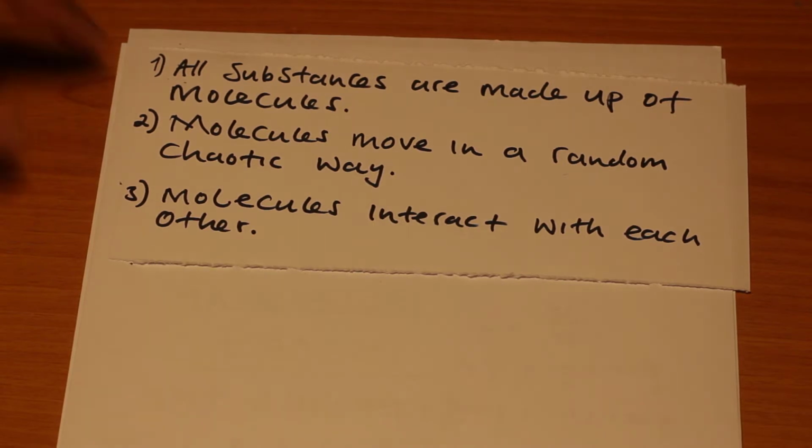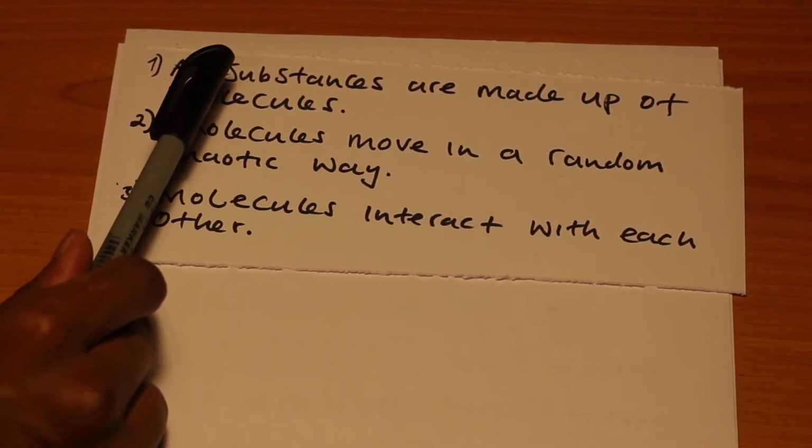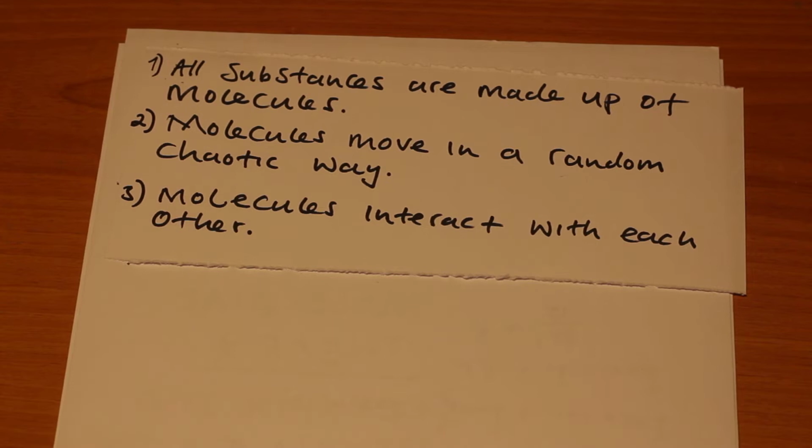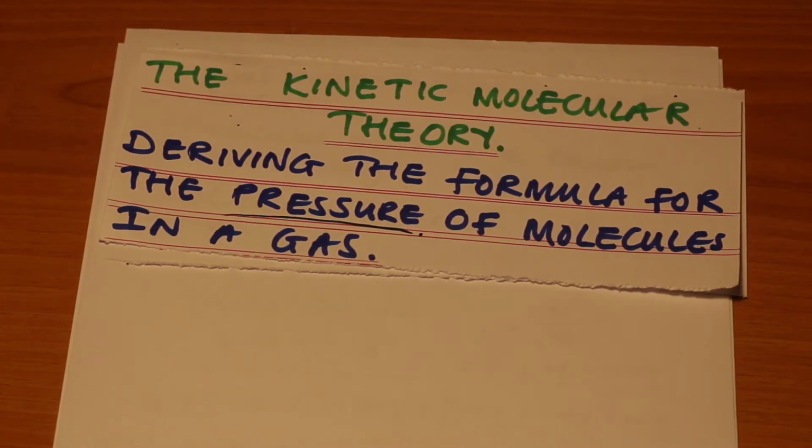When we talk of substances in this case, we're basically referring to the three states of matter that we know, which are the liquid, solid, and gas states. Our main interest for today is deriving the formula for the pressure of molecules in a gas. Why specifically in a gas? Well, the arrangement of molecules in a gas is such that the molecules are capable of free movement.